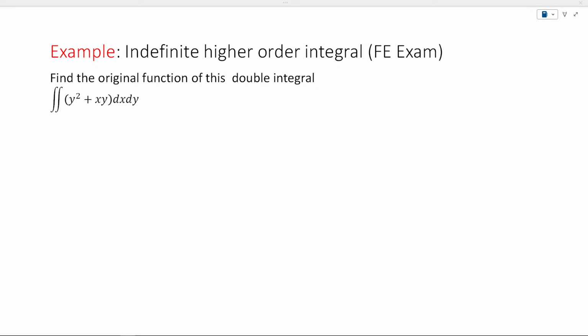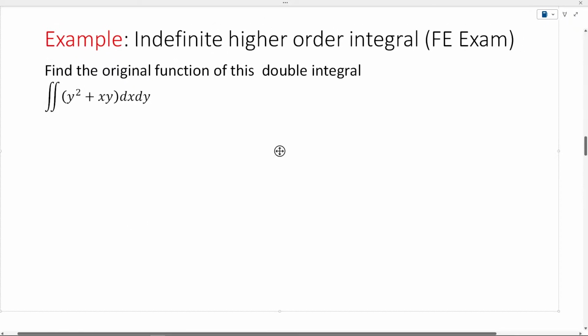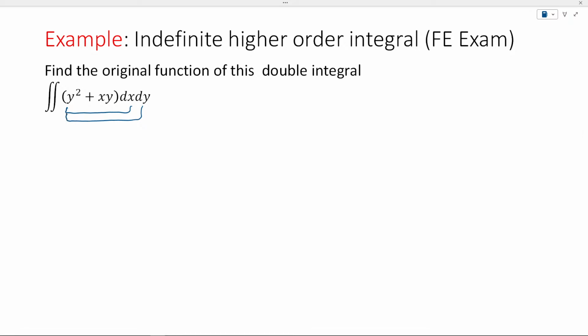We have this double integral with respect to x and with respect to y, dy, so let's do it. We start by solving the inner integral first, and after this I will solve the outer integral.